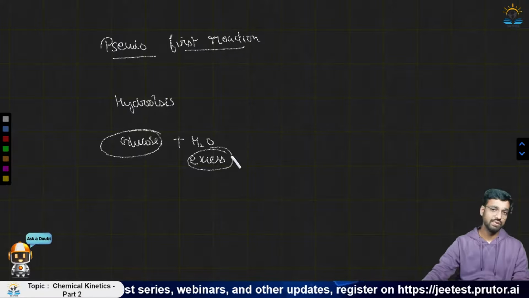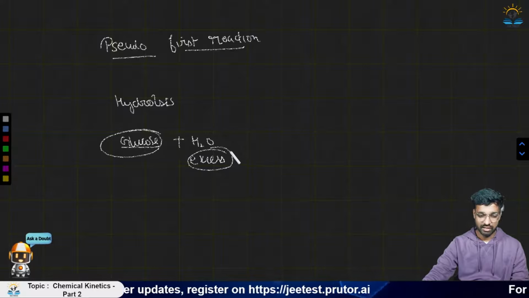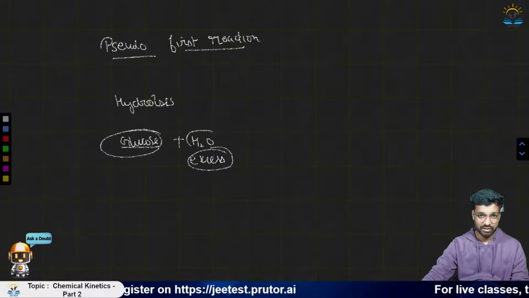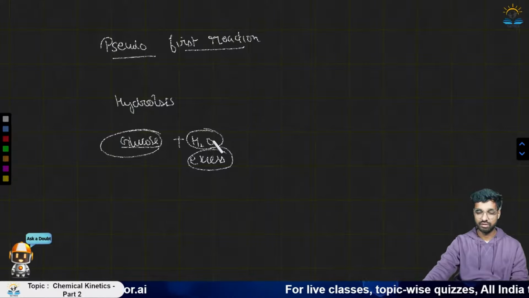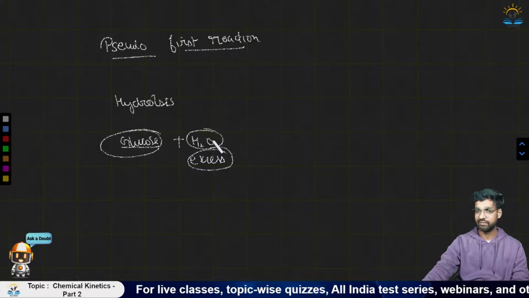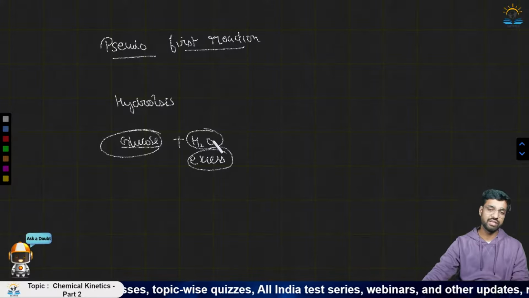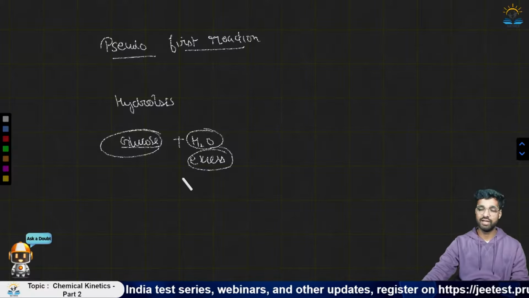Now, when you do hydrolysis, the rate does depend upon this H2O to some extent. But if you solve this rate law, use the experimental data and find the order of reaction, you will see that this water is almost negligible in the rate law. And why is it so?